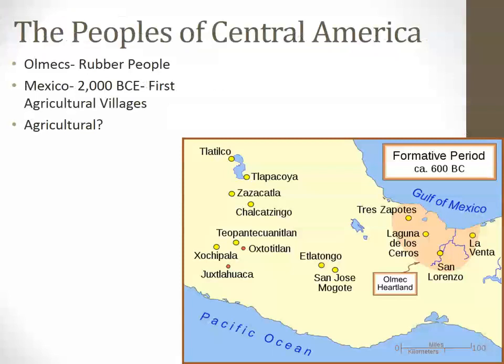So I want to look a little bit at the people of Central America. The original ancestors of groups like the Maya and the Aztecs, which you have probably heard of, were a group known as the Olmecs. The Olmecs are sometimes referred to as the rubber people, because of the location of rubber trees in the area.